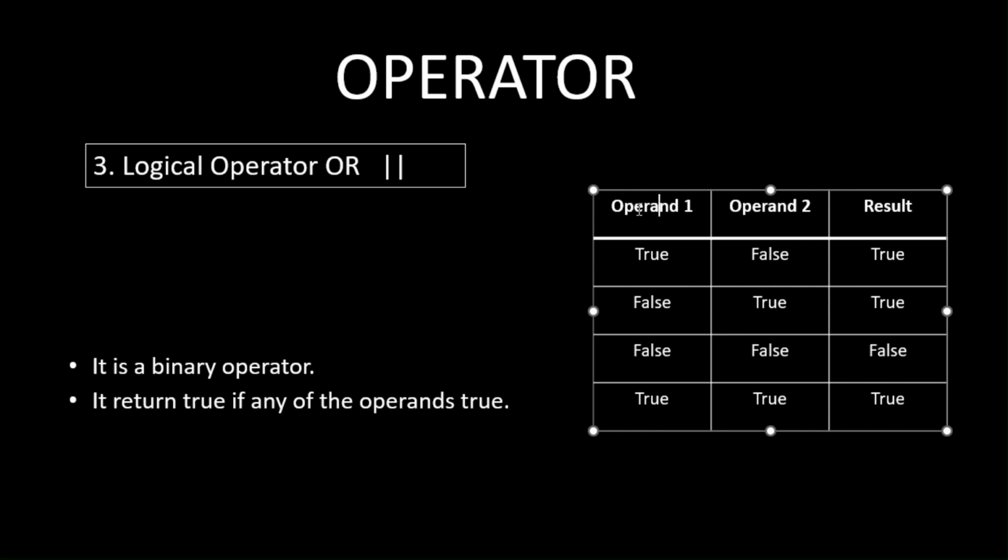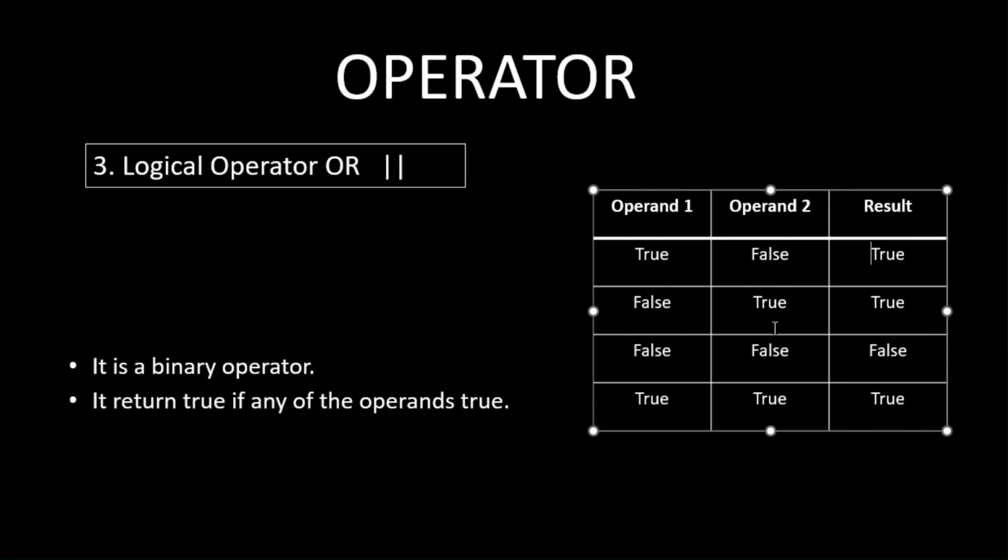So here we have an example, as you can see in this diagram: operand 1, operand 2, and result. If operand 1 is true and operand 2 is false, we will get true. The result will be true, because sometimes if you have not entered the email and you have just entered the phone number, you will log in.